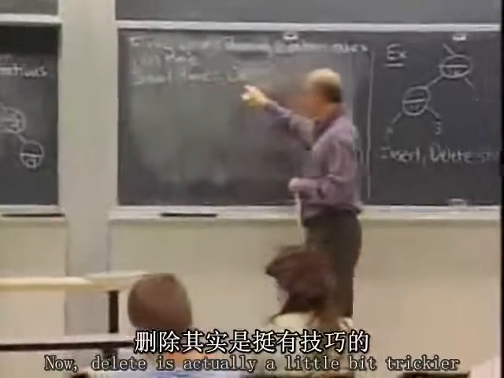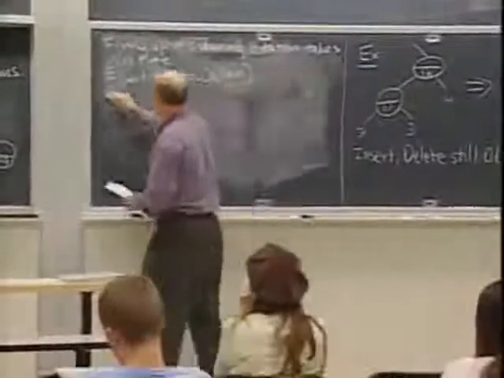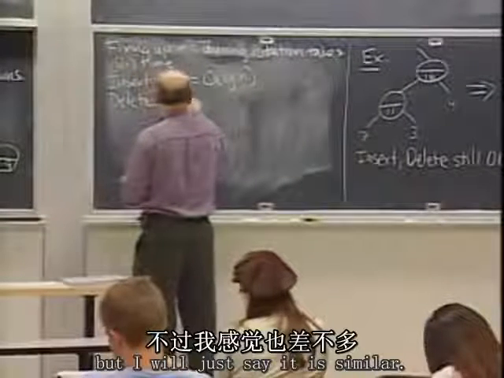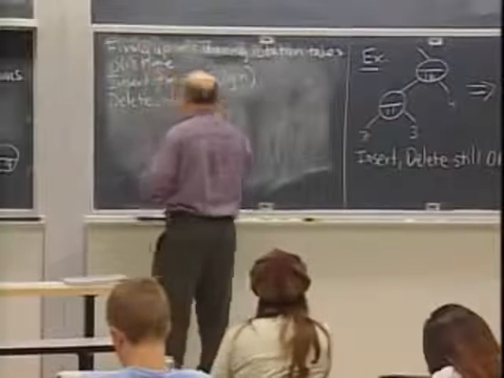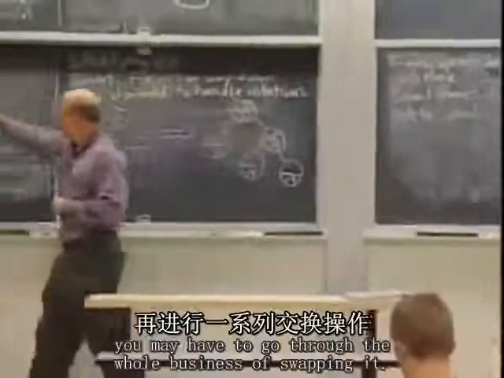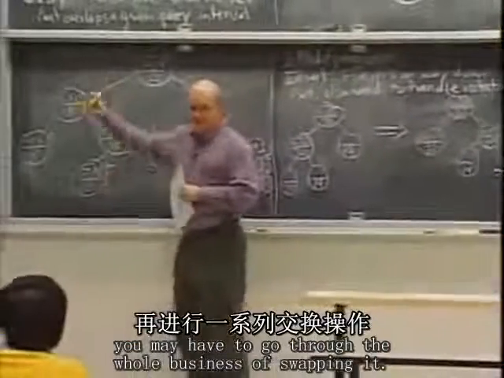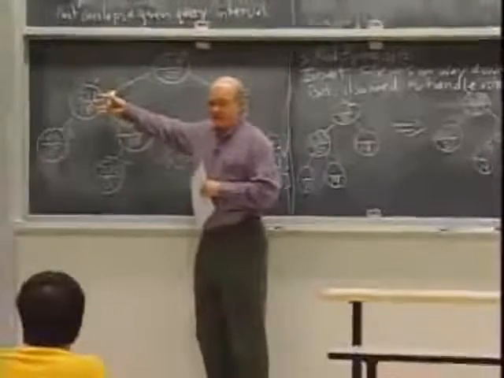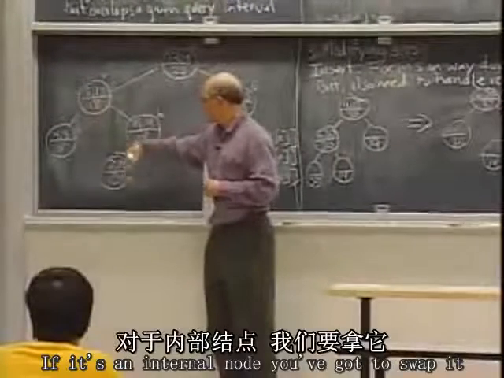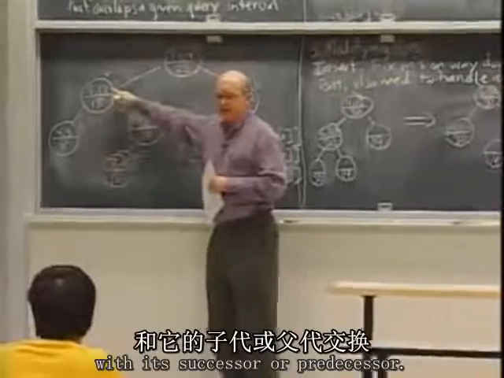Okay, now delete's actually a little bit trickier. So I'll just say it's similar. Because in delete, you go through and you find something. You have to go through the whole business of swapping it with, if it's an internal node, its successor or predecessor.